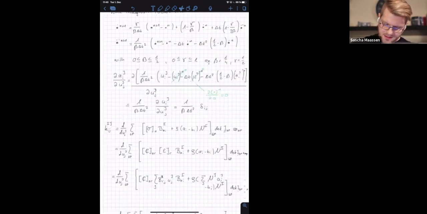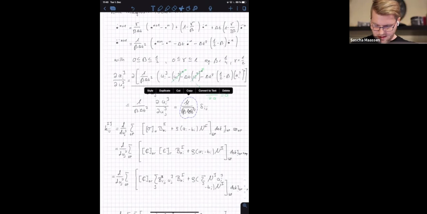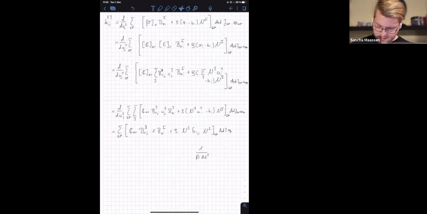I missed another thing because here this is not simply the Kronecker delta for this differentiation, but we have experienced a factor here. Like so.